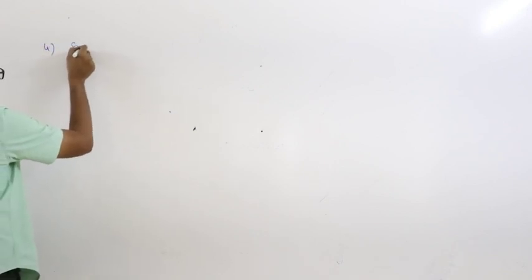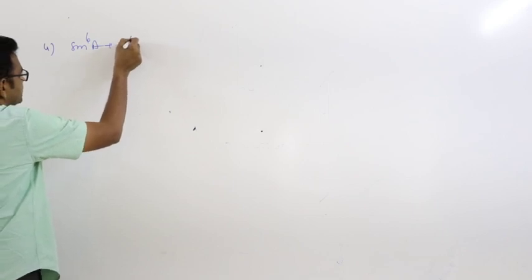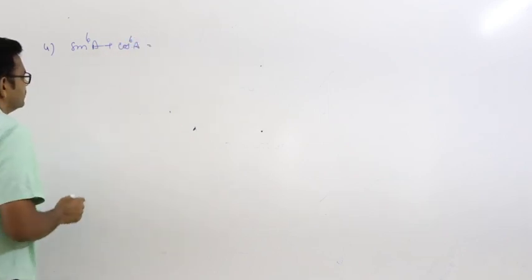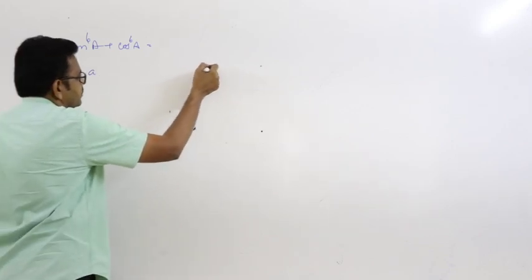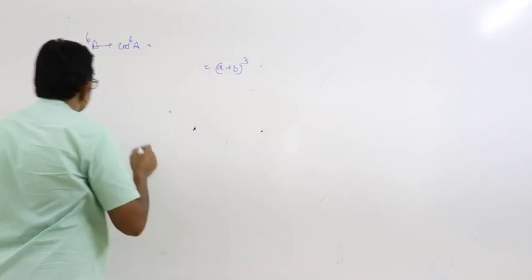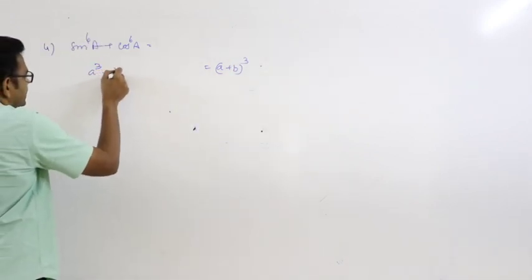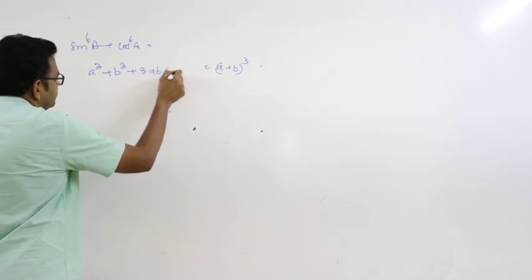The next one, sin power 6a plus cos power 6a is equal to, write a plus b whole cube formula, a cube plus b cube plus 3ab into a plus b.